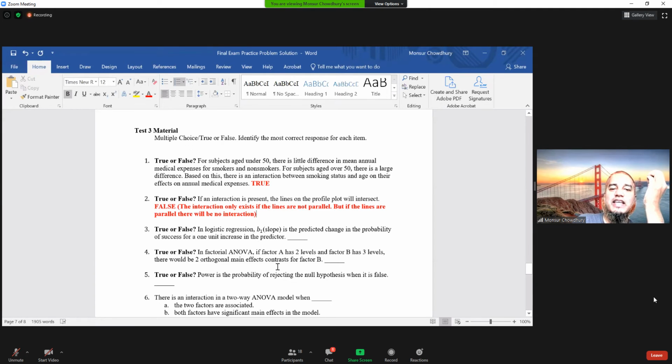But if the lines are not parallel, let's say we get one line like this, the other line like this, but they are not crossing each other, but they are not parallel, it means there is an interaction.